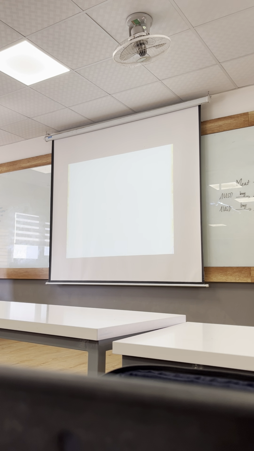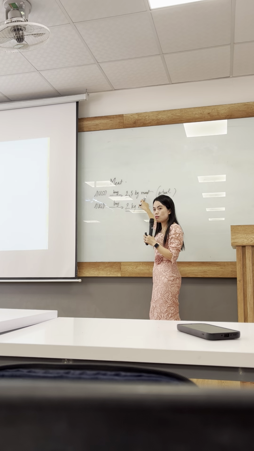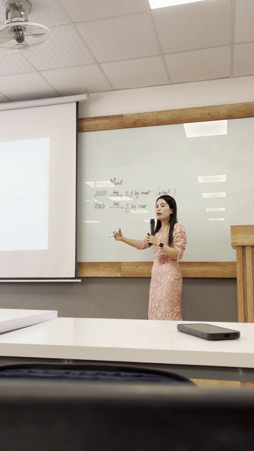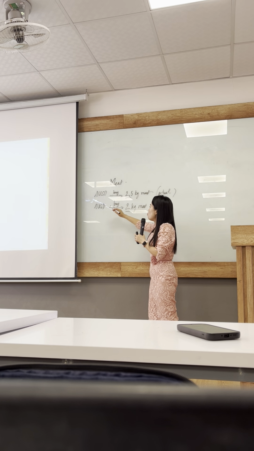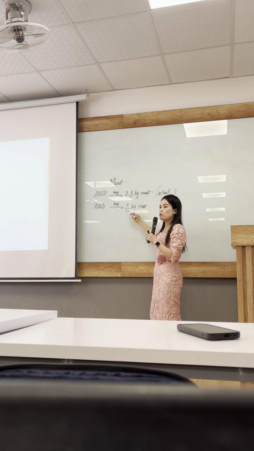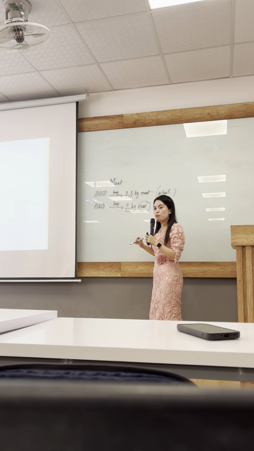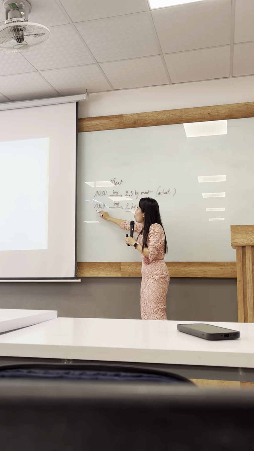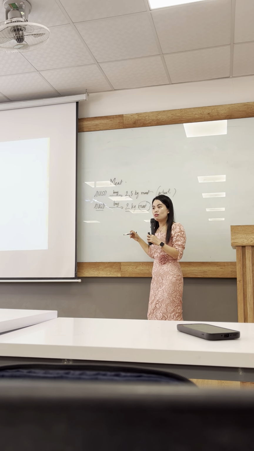Understand everyone? Meat is more expensive, you can see. Actually you can buy 2.5 kilos of meat, but when you go to the market, because the market determines 1 US dollar only buys 2 kilos of meat, meat is more expensive, because with 1 US dollar you get less meat.